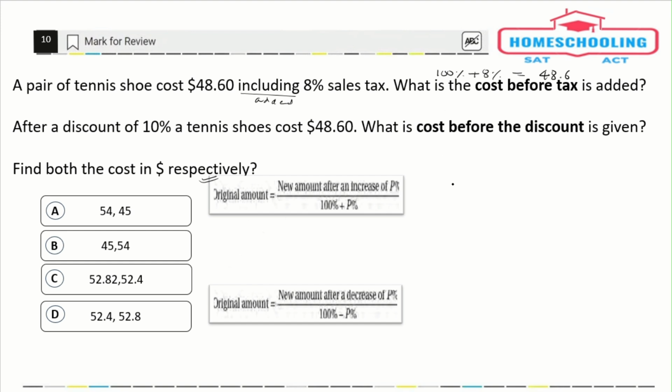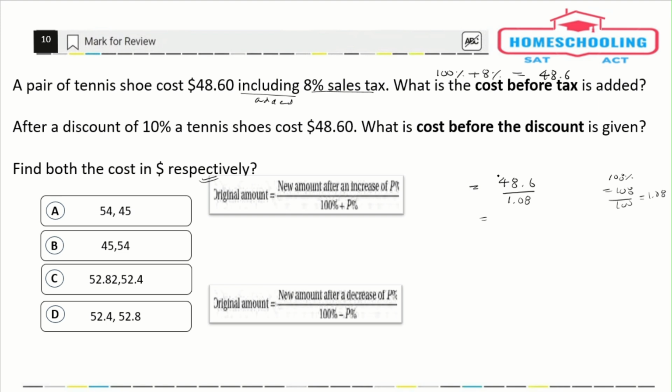So the original amount would be equal to the new amount, that is 48.6, divided by 100 plus p% increase. That is 8% sales tax added, so 100 plus 8, that would be 108%, which is equal to 108 by 100. So we can write it as 1.08. Let me put it on my calculator.